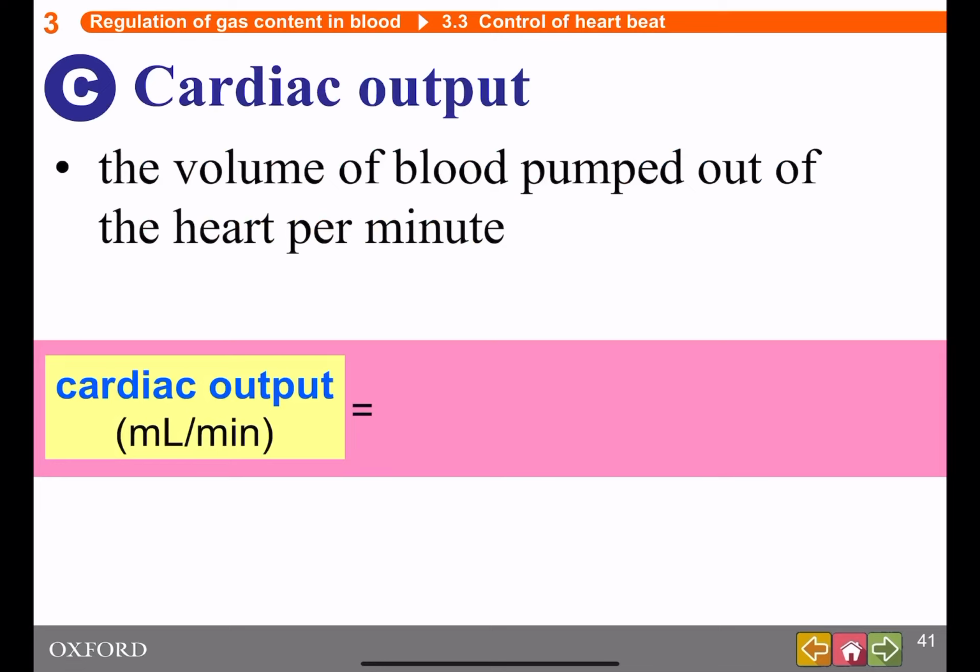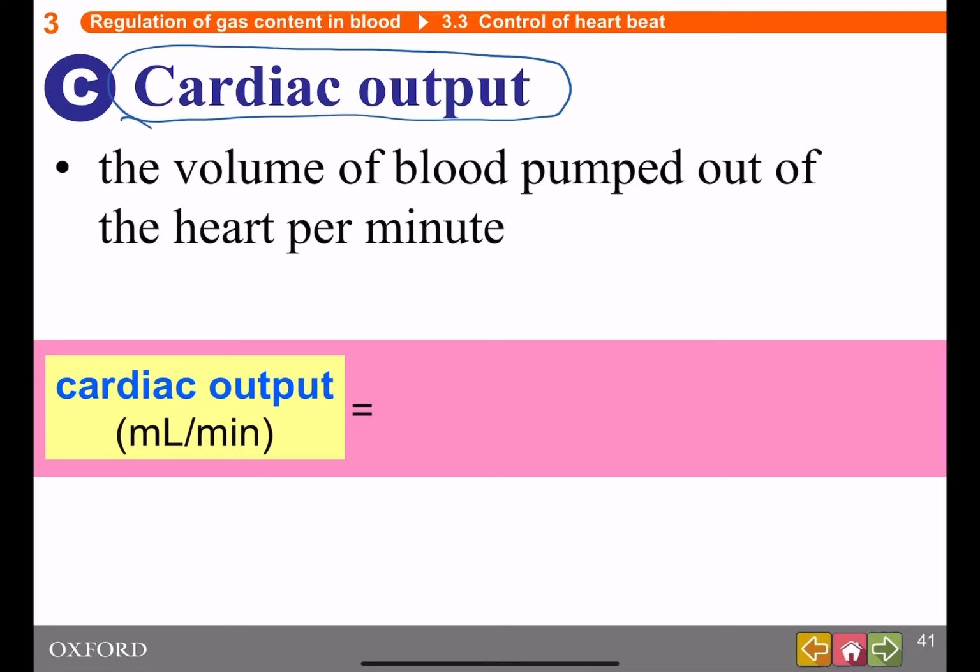And finally, we will mention a term we call cardiac output. It refers to the volume of blood pumped out of the heart per minute. So how much blood is being pumped out within 1 minute? The cardiac output can give you an idea about the heart activity.